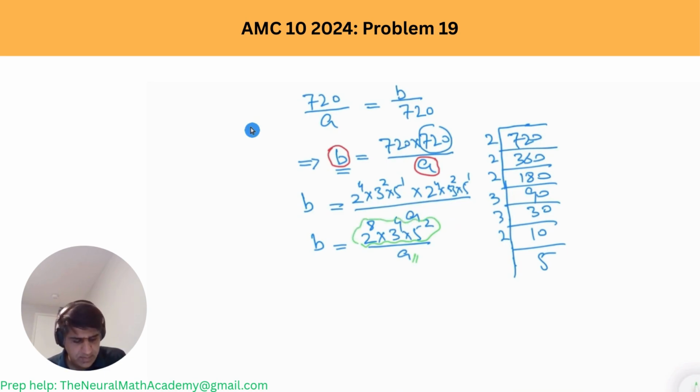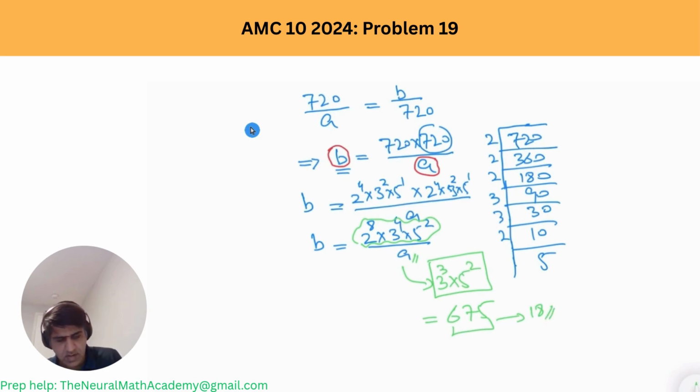If I do some experimentation, I would get 3 to the 3 multiplied by 5 to 2. That would give me the largest possible value. If I solve it, I get 675, and by adding the digits, I then get 18. So the answer is D for this problem.